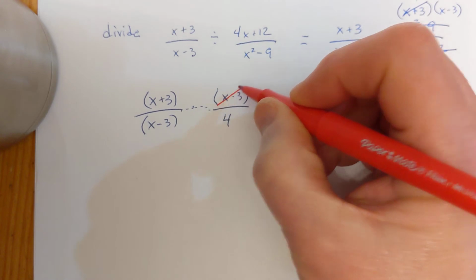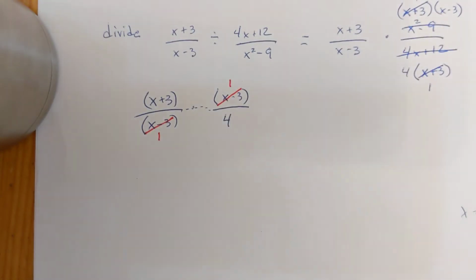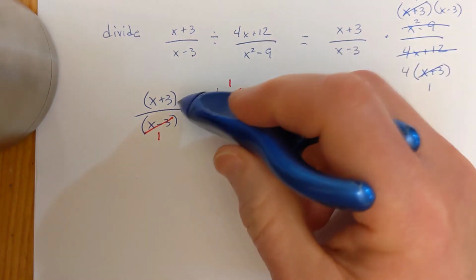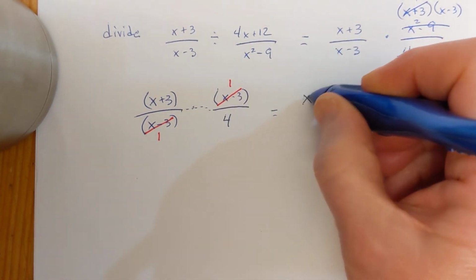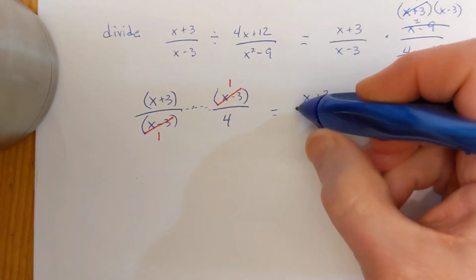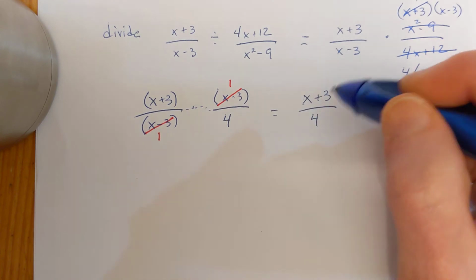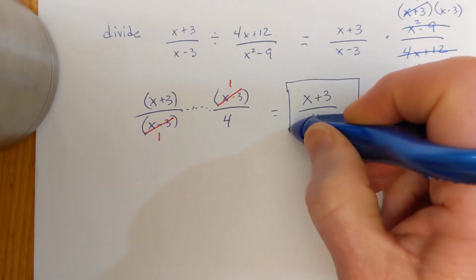So I'm going to divide out this x minus 3 with this x minus 3. I get x plus 3 times 1, which is just x plus 3, over 1 times 4, which is 4. And this is my simplified solution.